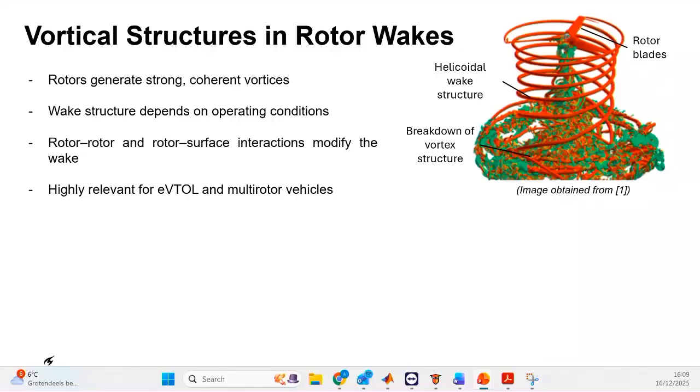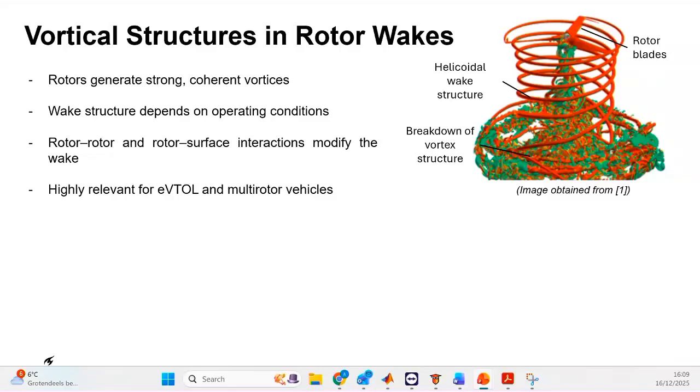Rotors generate lift by rotating the blades, and the shedding of vortices is an inherent part of the process. Each blade sheds tip vortices, which then roll up in a helical wake structure. The vortices close to the propeller are in a coherent structure, but then they start to break down in the far wake.